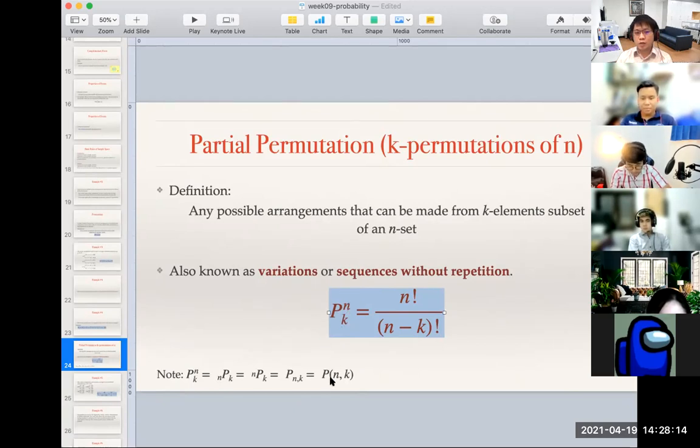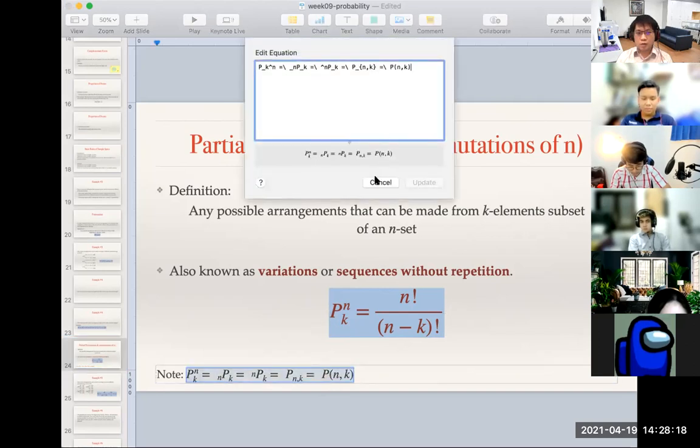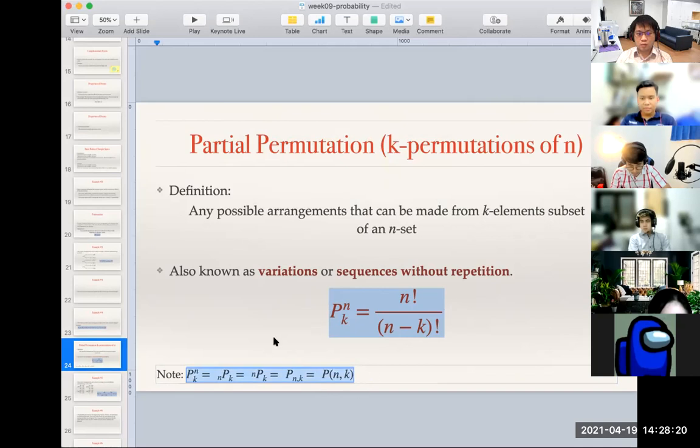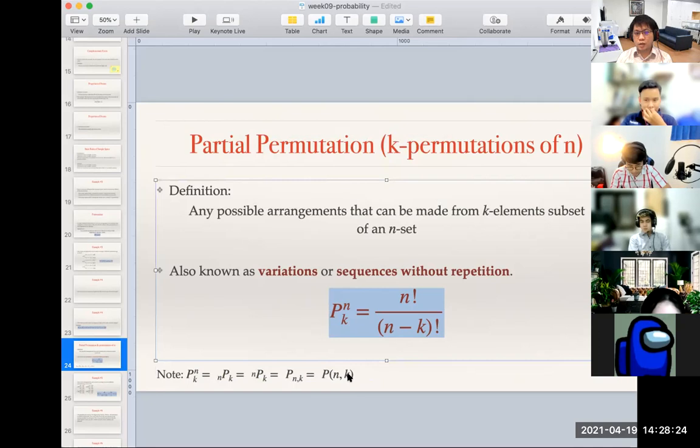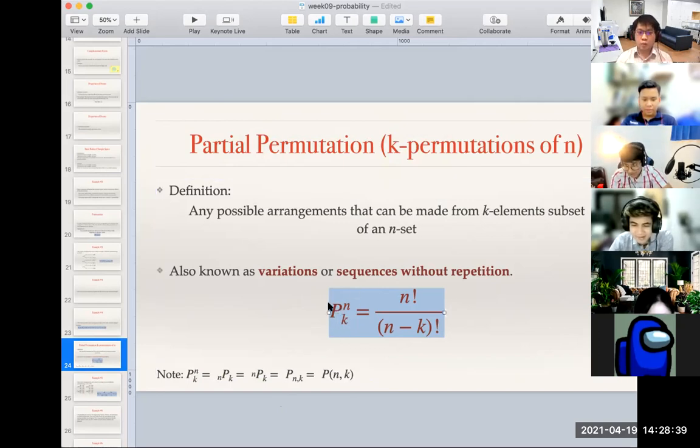Some people will just use this form, P(n, k). I hope you don't get confused. It's just a difference in writing style. But personally, I prefer for you to use this form. This one is much clearer.